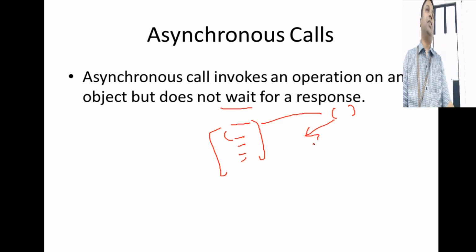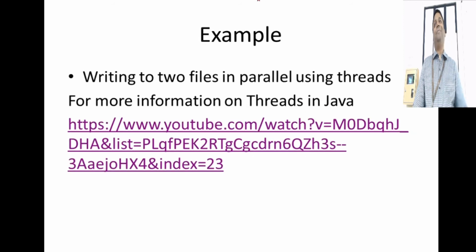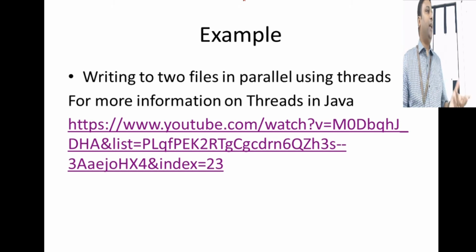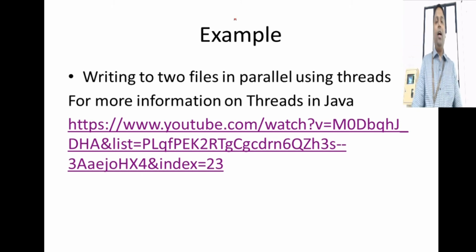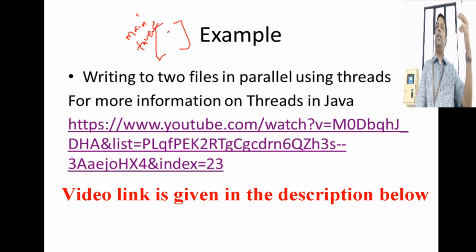Where have you seen such kind of calls? I will give an example here. Have you heard of threads in Java? So parallel processing, wherein you will have a call to two other threads. Say if my main program, the main class itself is a thread, right? From here I can invoke two objects that are actually extending the thread class.